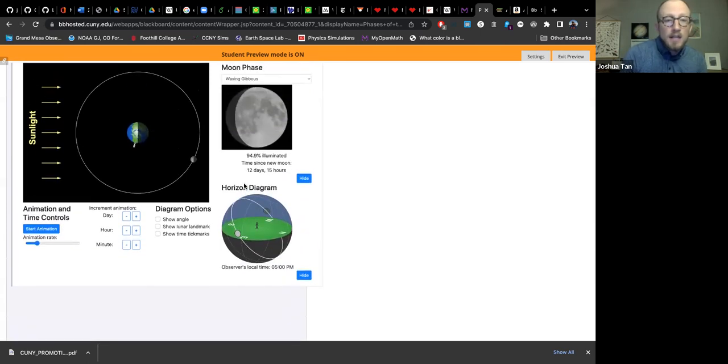Okay. So how do I figure this out? Well, the first thing I can do is I can adjust my local time to 7 p.m. As long as I keep the moon at the right phase, that's fine. So let me move my observer around to the other side of the planet so that it's about 7 p.m. local time. Very close.